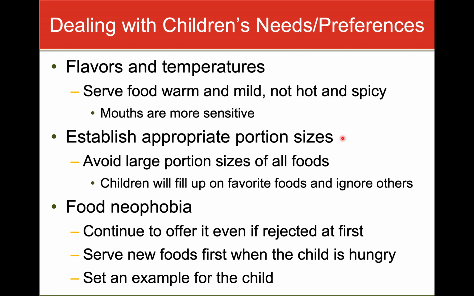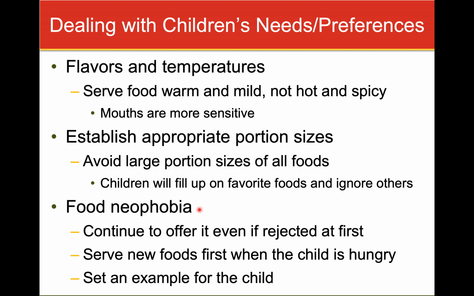You want to establish appropriate portion sizes. So, as part of this, you want to avoid large portion sizes of all foods because if there's one food on the plate that the child likes and there's a very large portion size, they're just going to eat that one food and fill up on that while ignoring the others.